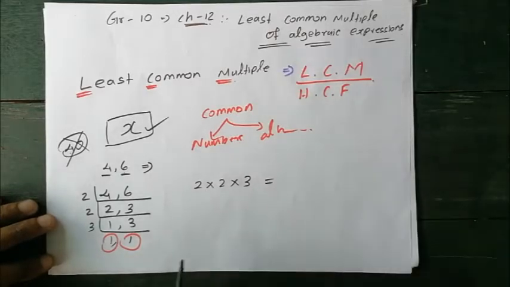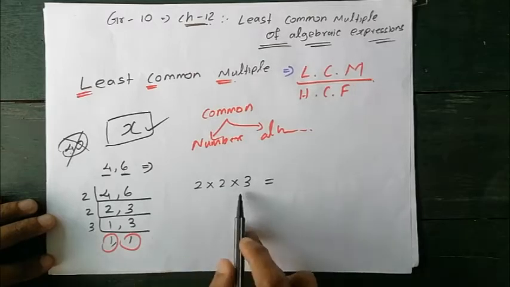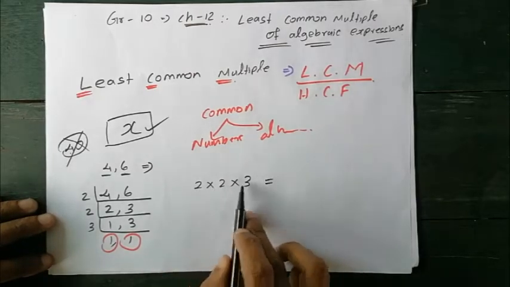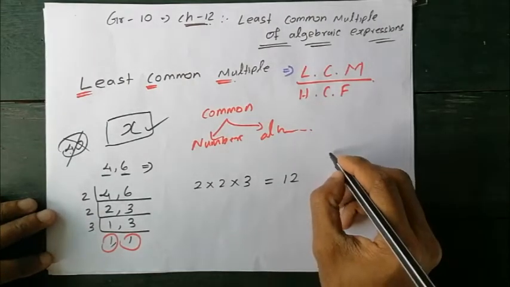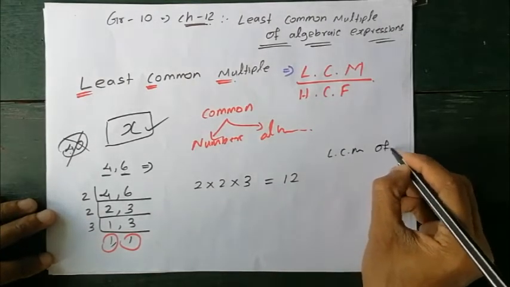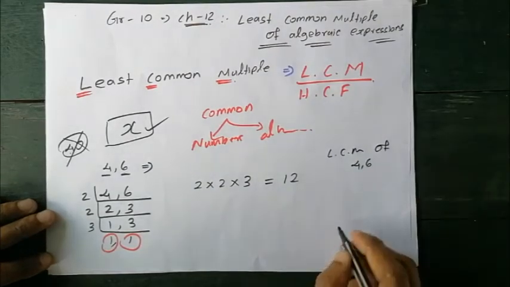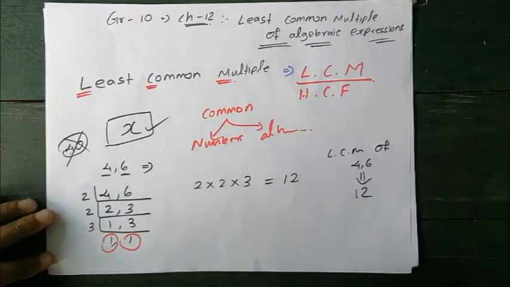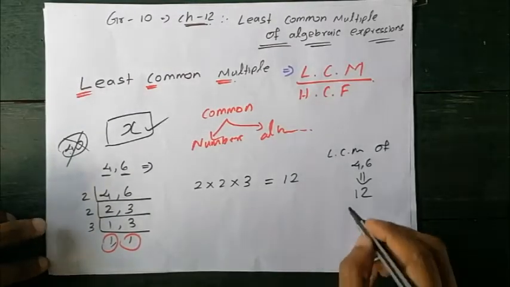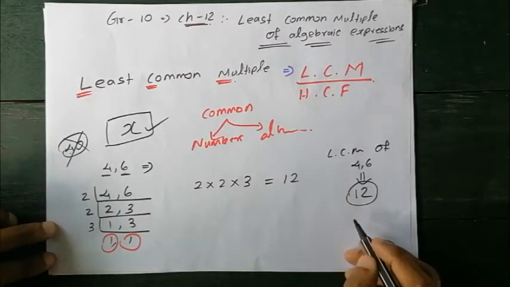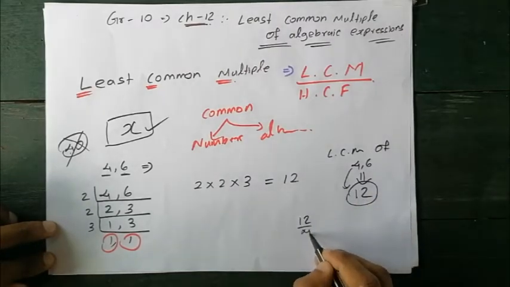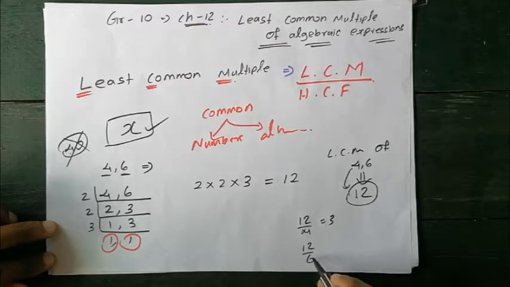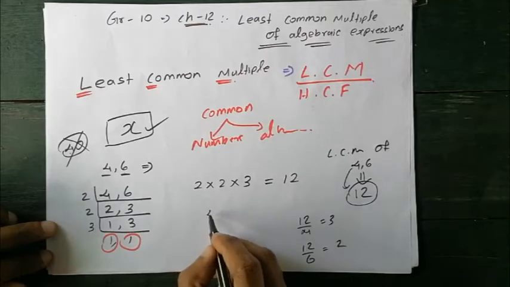What is the result of these numbers as a multiplication? 2 into 2 is 4, 4 into 3 is 12, which means the LCM of 4, 6 is 12. 12 can be divided by these two values. 12 divided by 4 is 3, 12 divided by 6 is 2. So let's take 18.